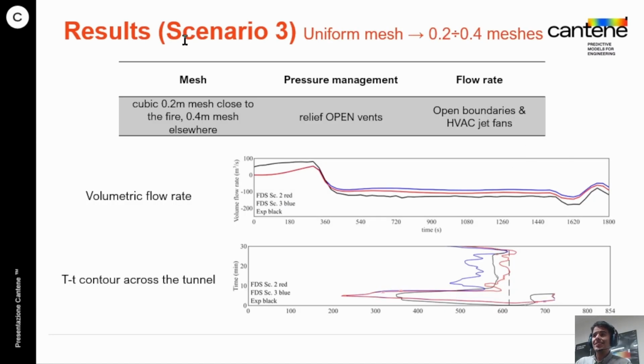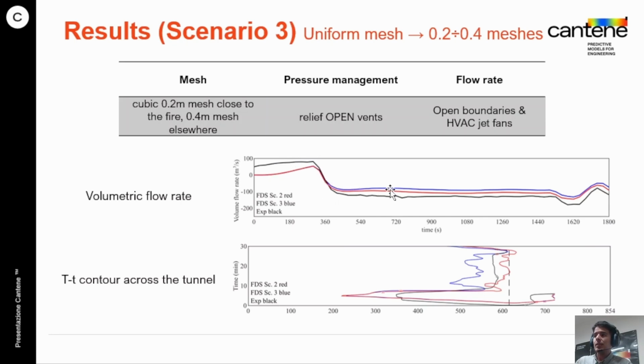In the third scenario, we will change the mesh for meshes that have 0.2 cell size in the vicinities of the fire and 0.4 away from it. Here we can see that in the natural ventilation part of the simulation, so in the first 5 minutes, the results are the same.